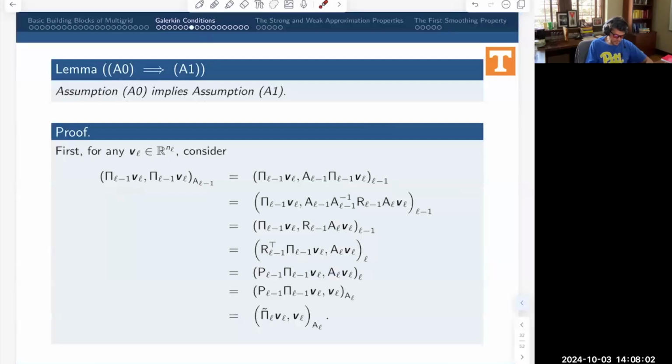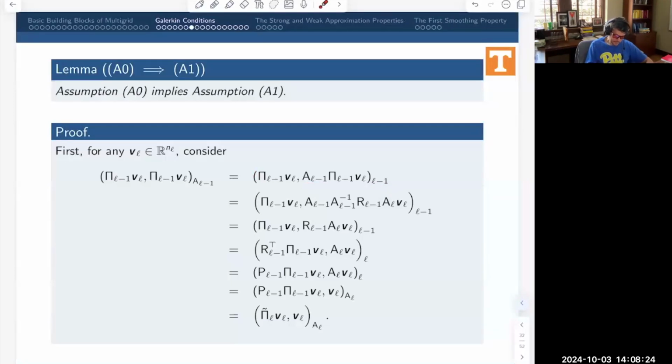What is this object going to be? Well, it's measured in the AL-1 energy inner product. Let's bring that out and attach it to one of these sides. It doesn't matter which side, because it's a symmetric matrix with respect to the L-1 inner product. So I can attach it here, but then immediately move it over to here.